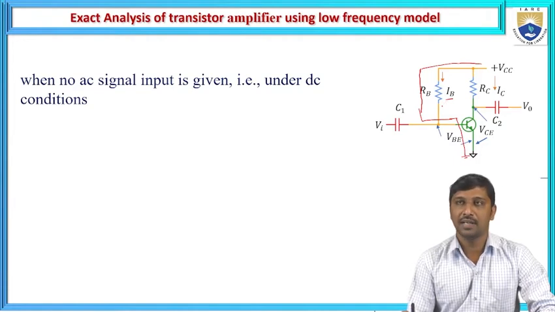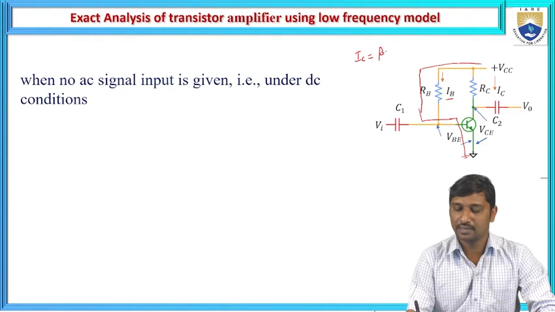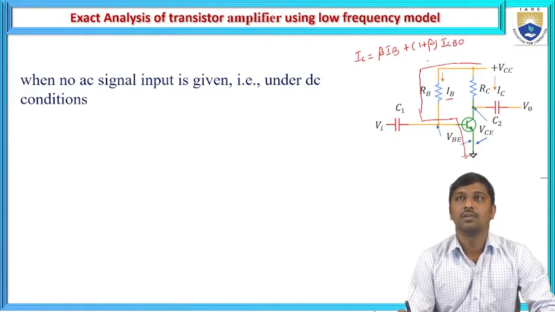If you apply KVL at this input loop, we need to identify how much base current flows. Because in a common emitter configuration, we know that the collector current is represented as beta times IB plus 1 plus beta times ICBO, where ICBO is the reverse saturation current when the collector base junction is open circuited.